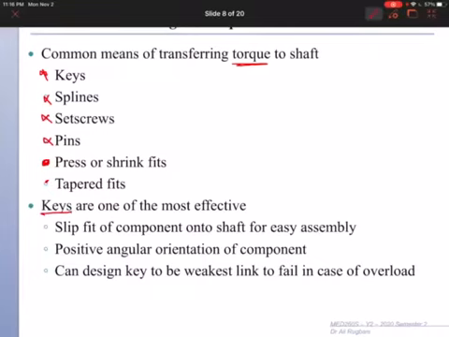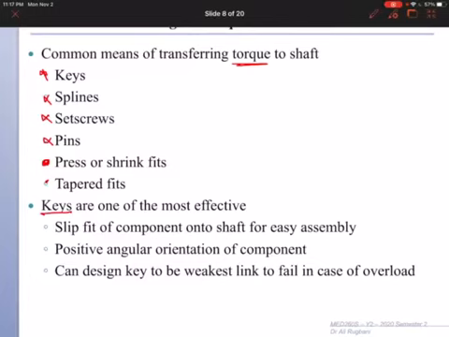Keys are one of the most effective things to make sure that the shaft and the component form one rotating member, one rotating part, because they slip fit the components onto the shaft for easy assembly.